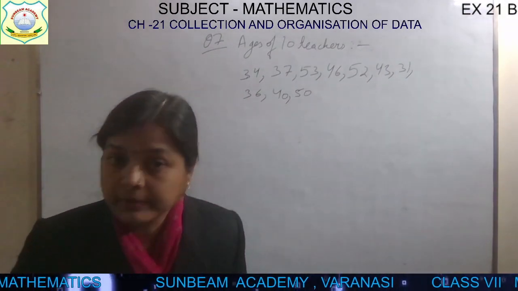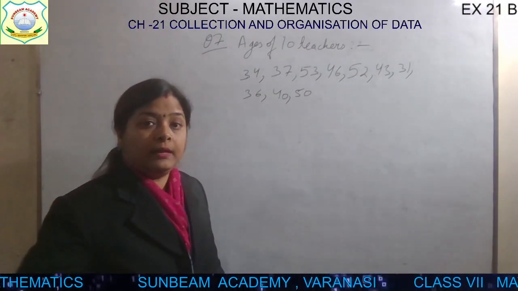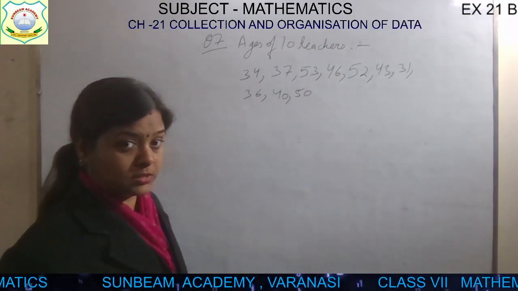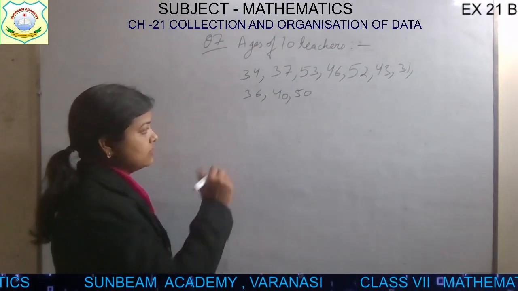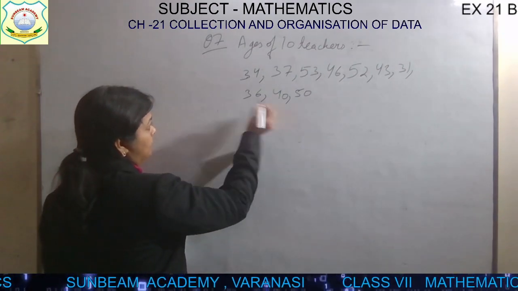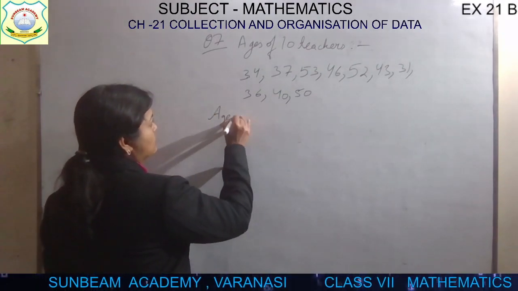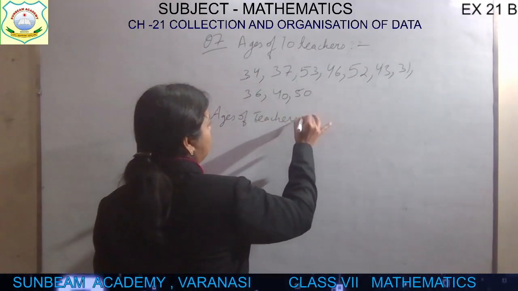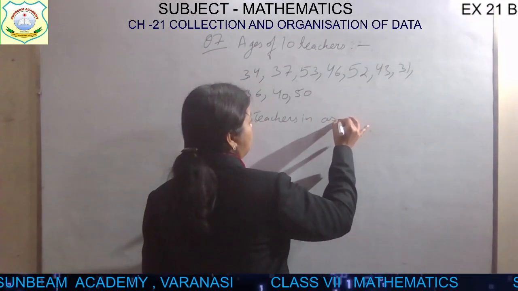And now what we will do, we will write down the given data in ascending order first. The very first step, children, always remember, write down the data in ascending order. Ages of teachers in ascending order.